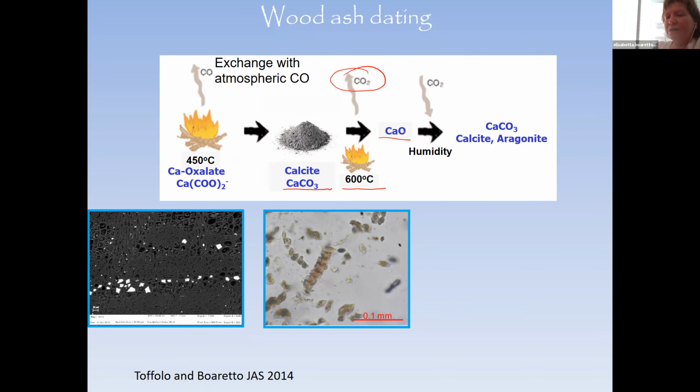We are left with calcium oxide, and then with the humidity, some water, we have calcium hydroxide, and carbon dioxide is included while the calcium hydroxide absorbs the carbon dioxide, the water disappears, and we go back to calcium carbonate.